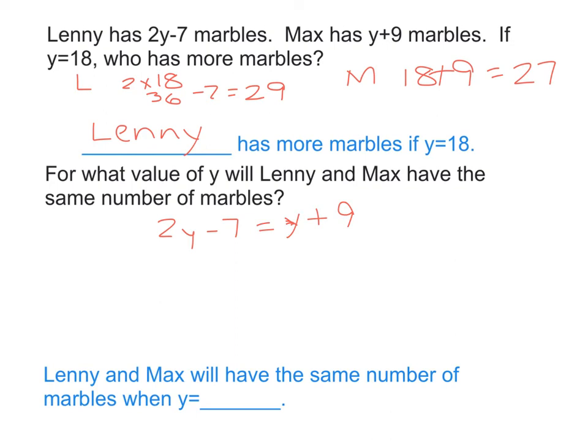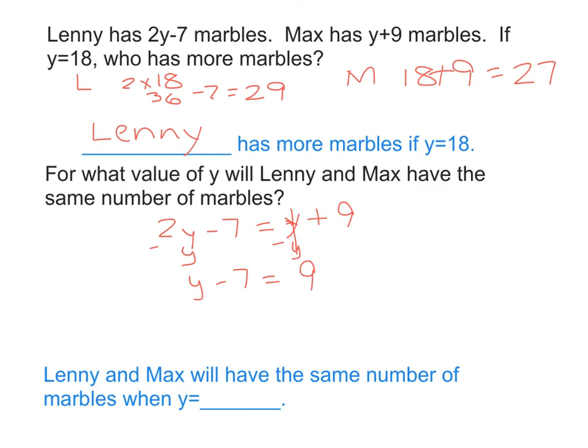So to combine like terms, I have a maximum of 1y on each side. So to keep it equal, I'm going to subtract that 1y from each side. That leaves me 1y over here minus 7 equals 0 plus 9, which is 9.